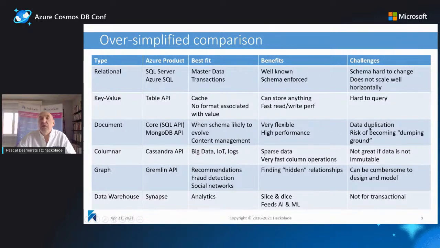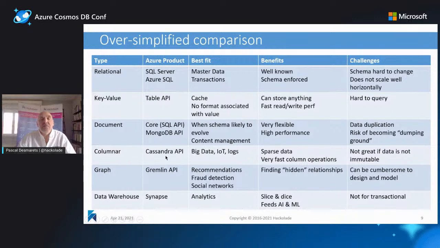It allows or even encourages data duplication, which some might see as a challenge. Its high flexibility presents the risk that people might use it as a dumping ground. So you need to be watching for that.